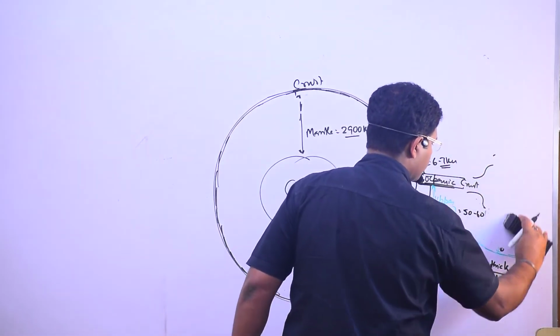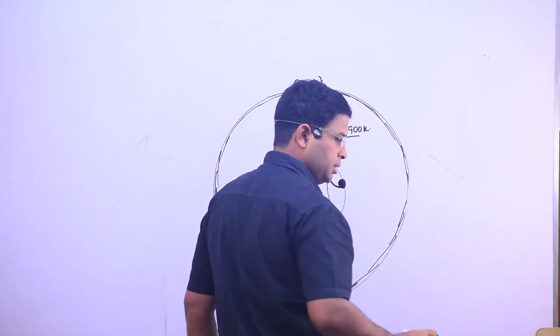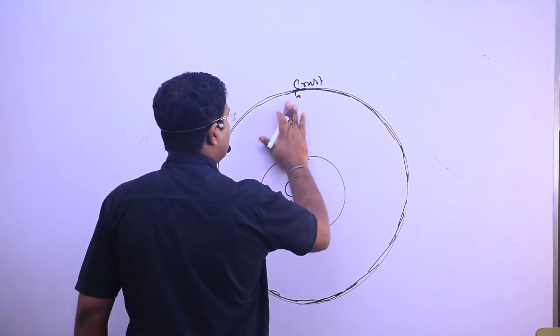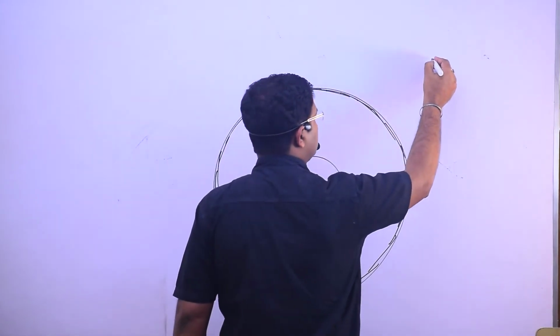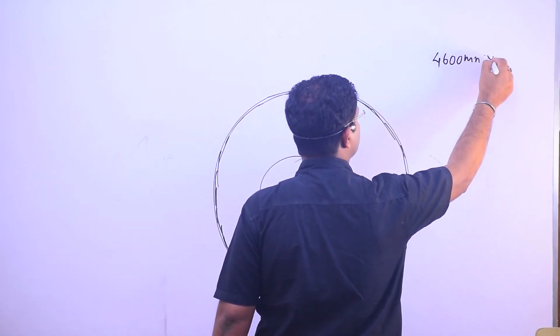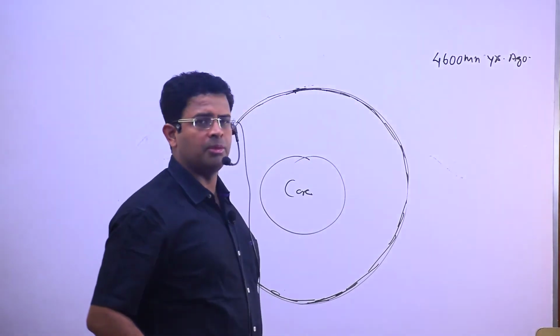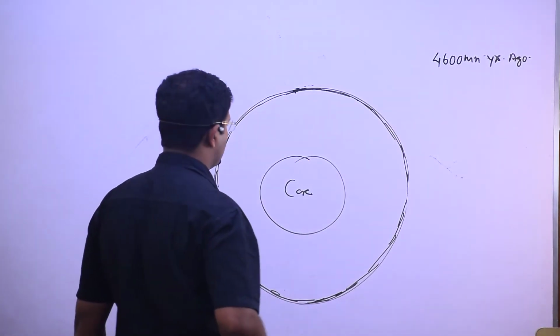Now, our earth came into existence around 4600 million years ago.